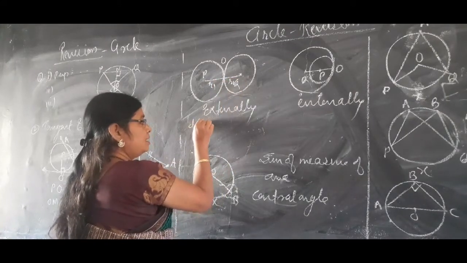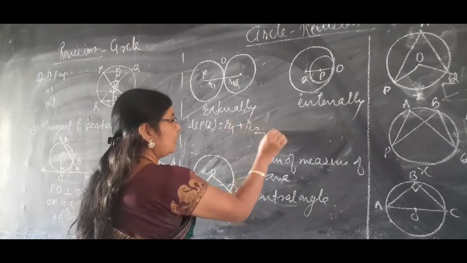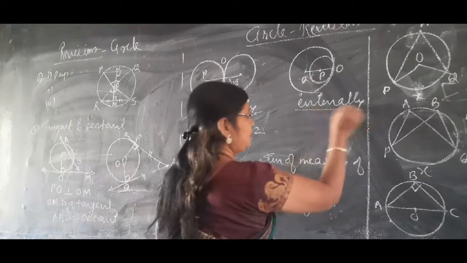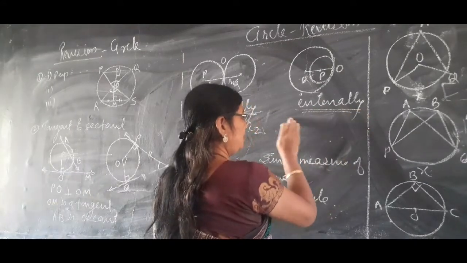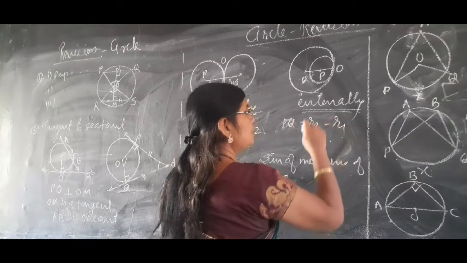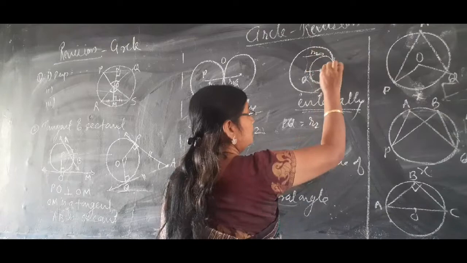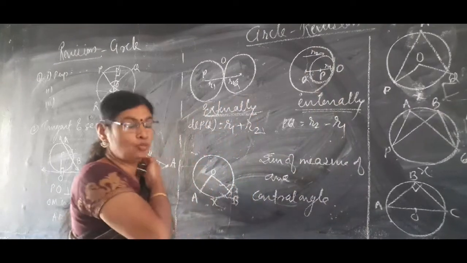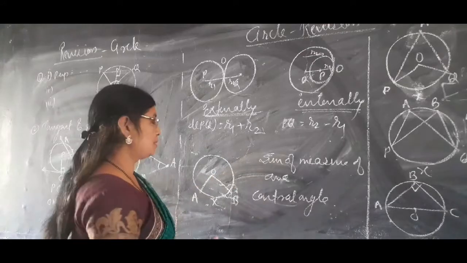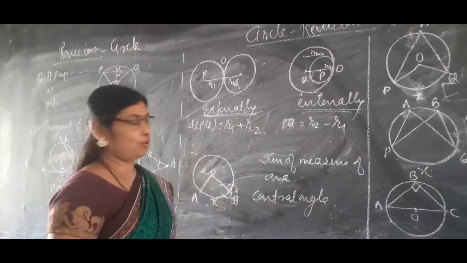If you have to find the distance PQ, then it is R1 plus R2. If the circles touch internally, then PQ is equal to R2 minus R1. R2 is the radius of the greater circle, R1 is the radius of the smaller circle. These properties you have to use and then solve the problems. 3.3 depends on this property.